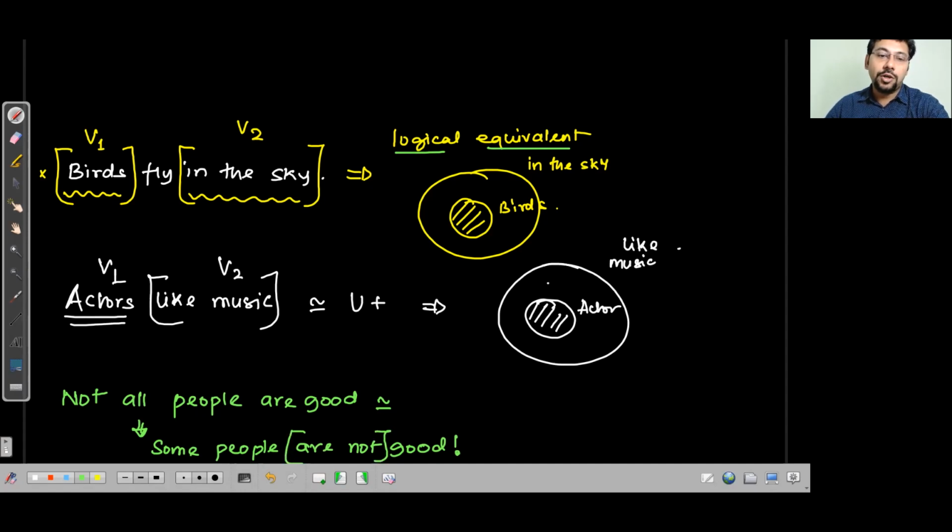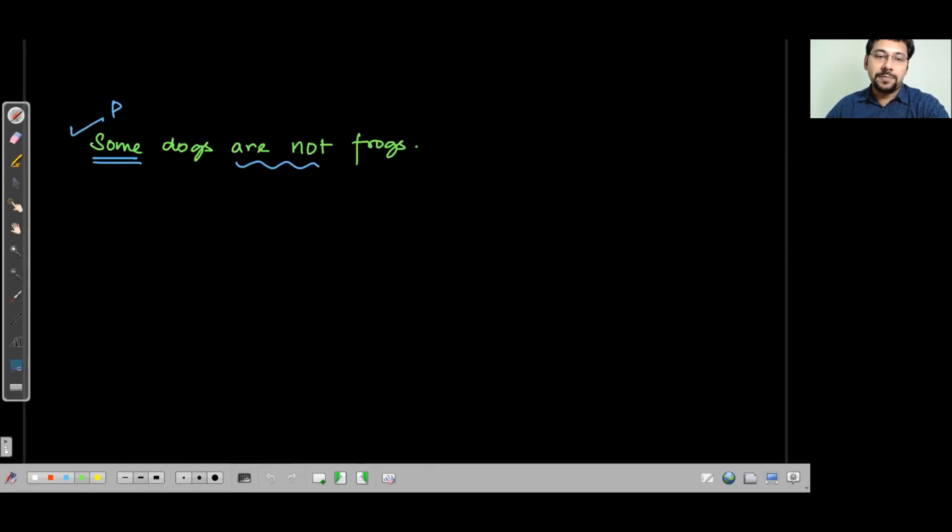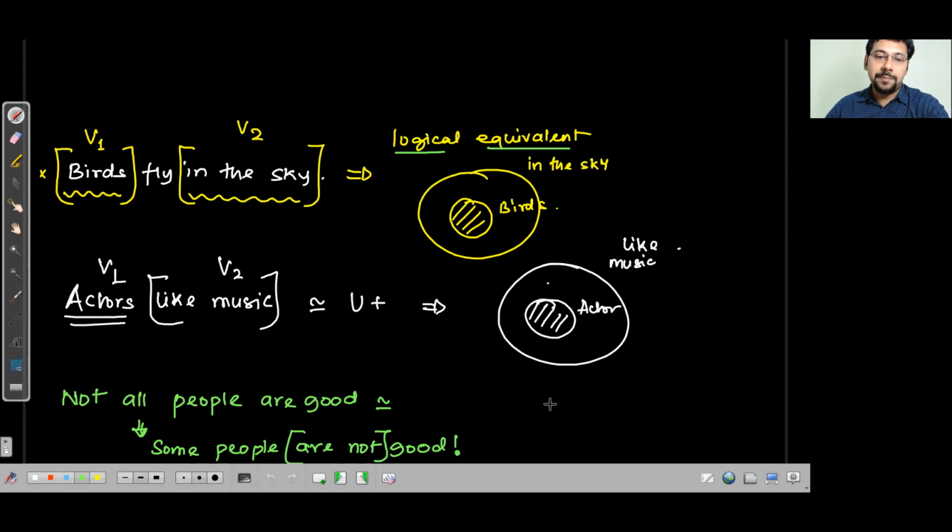Please remember, the nots tell us about the exclusions of the set. So I'm going to represent it as saying that some people are not good. This is my set of people, and these people are outside the set of, let's say, good. So let's say these are the people, and if they are intersecting the set of good, I'm representing these kinds of people who are not good.